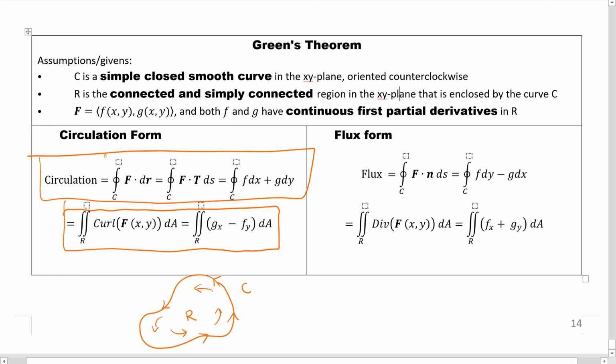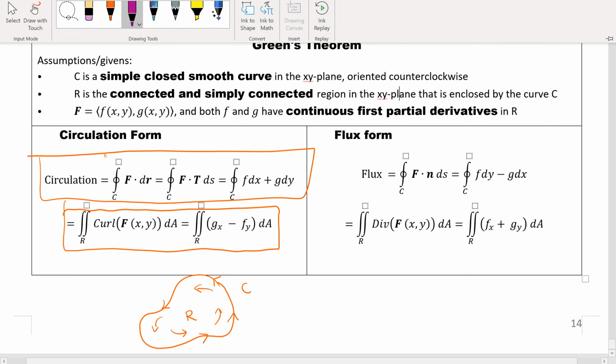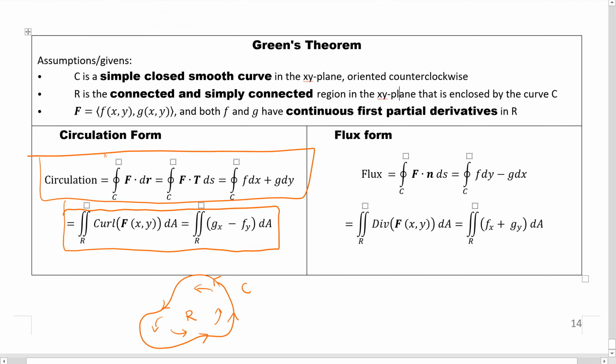For the flux form, we have the simple closed curve C and a region R, and the orientation is also counterclockwise. Flux measures the vector field flowing from the left to the right.